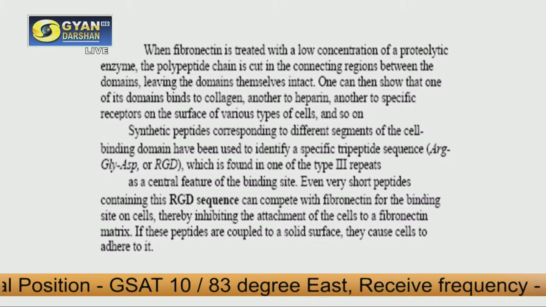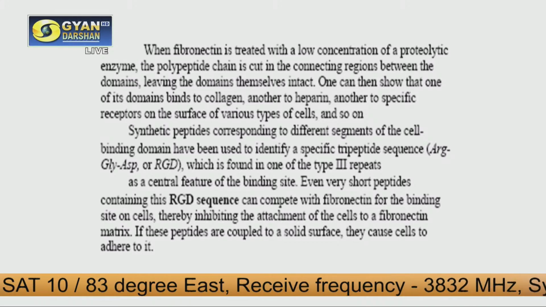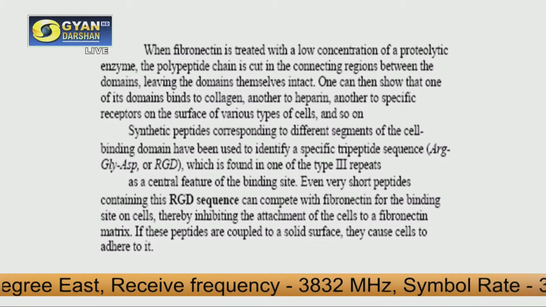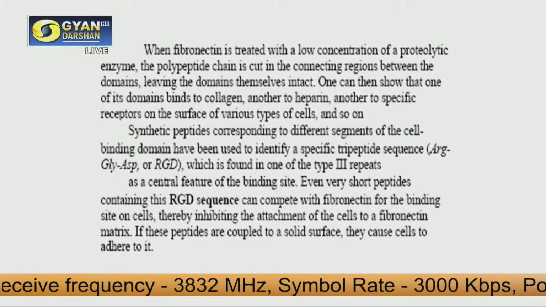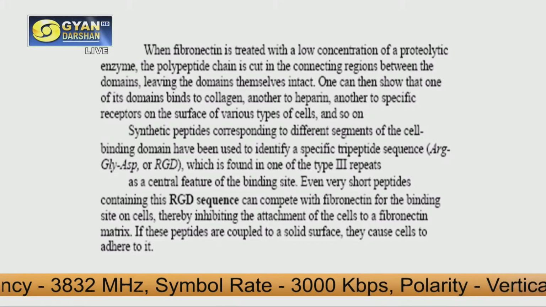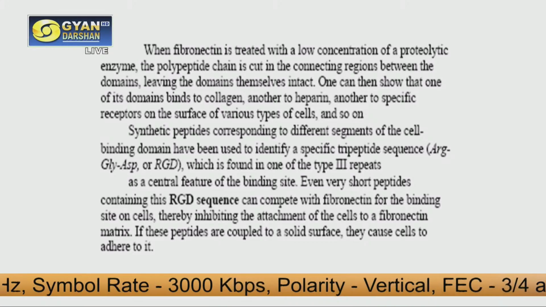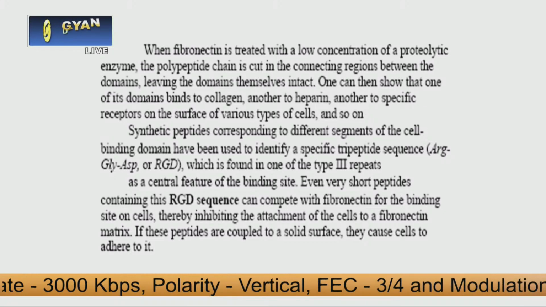And they have a specific tripeptide sequence, arginine, glycine, aspartic acid or RGD, which is found in the type 3 repeats. So I think these are the points which you should remember when you describe the structure of fibronectin.